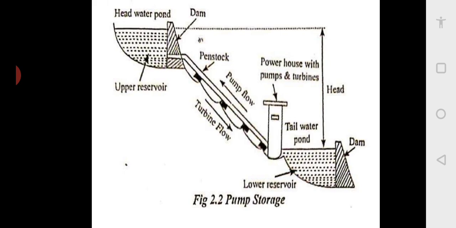By consuming electrical energy, you are pumping the water from the lower reservoir to the upper reservoir, and thus the potential energy is increased. And when you want electricity, you operate it as a normal power plant, and water flows from the upper reservoir to the powerhouse, rotates the turbine and comes back to the lower reservoir.